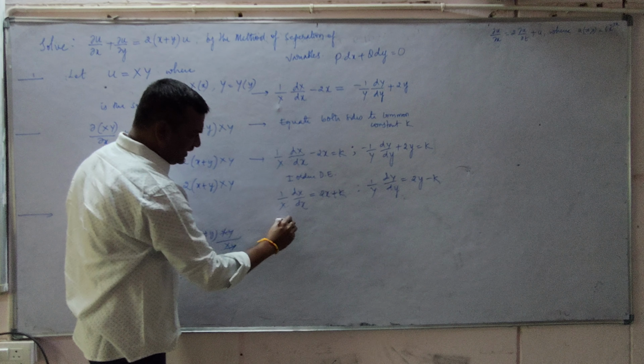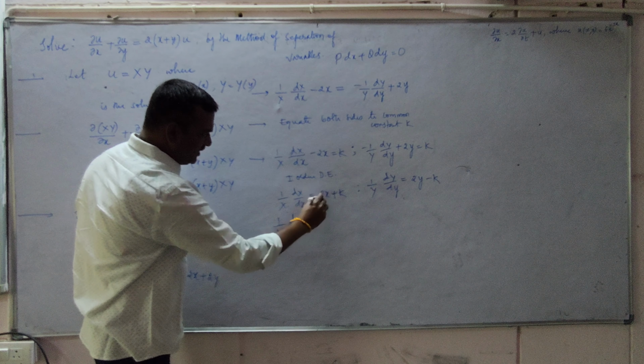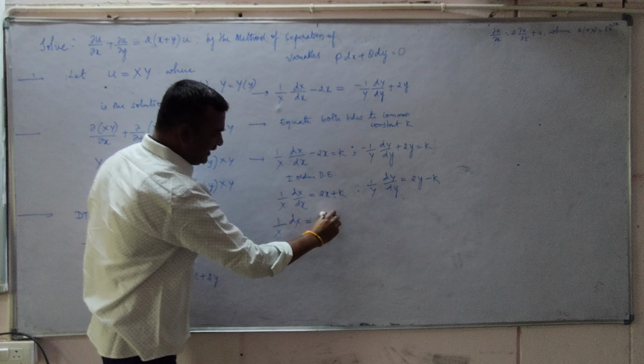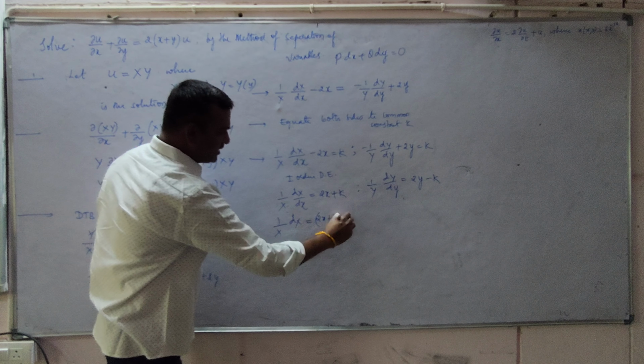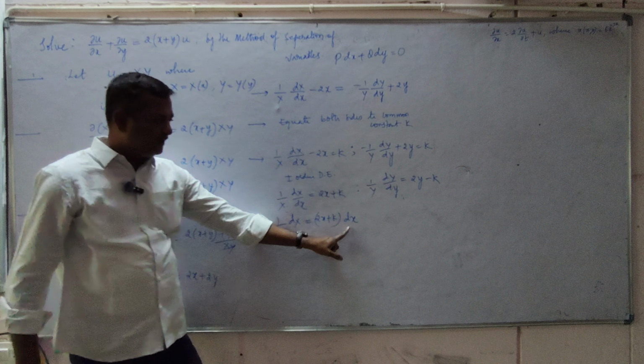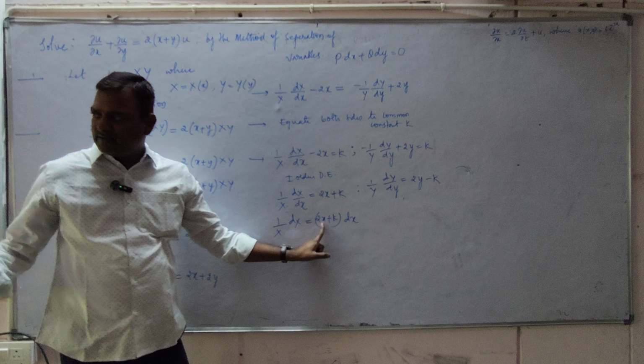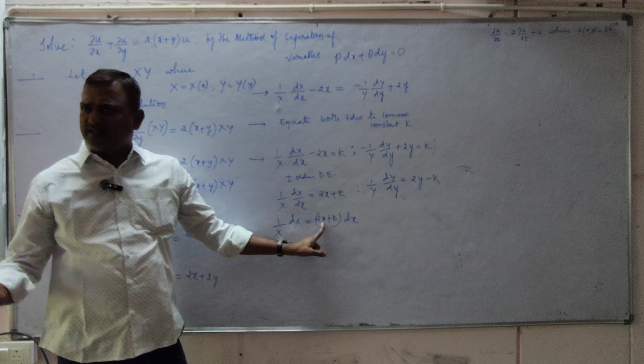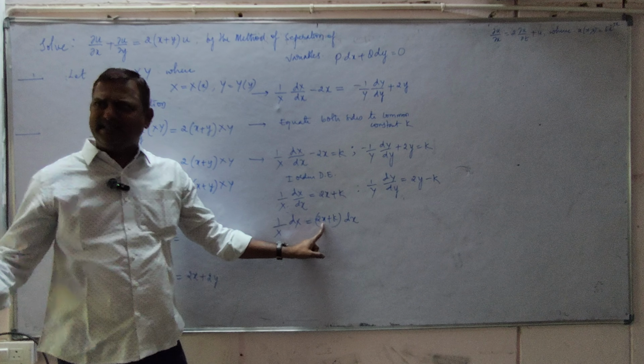To achieve that, I am cross multiplying. This is 1 by capital X into dX, and this is 2x plus k. You can cross multiply dx, and observe the dx coefficient is a function of small x. If it is a constant, we will neglect it.